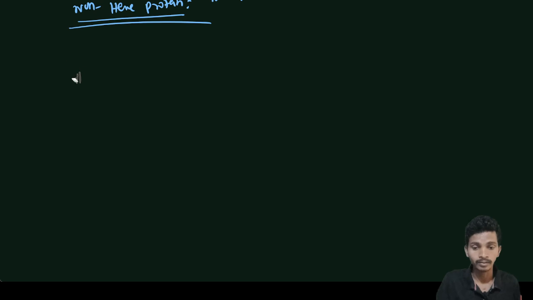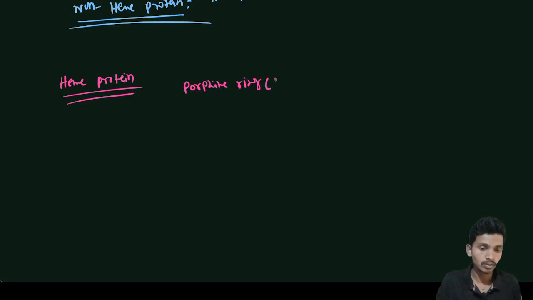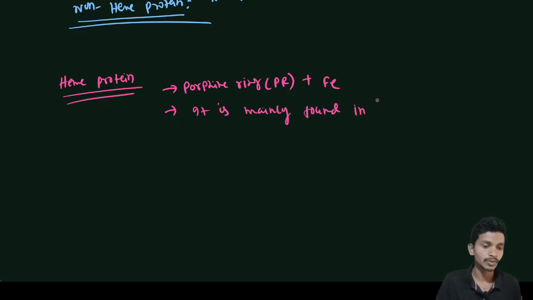First is heme protein. Heme protein means a PR ring is there, that is the porphyrin ring, called PR for short, plus an Fe atom. This is called heme proteins, and it is mainly found in animals.